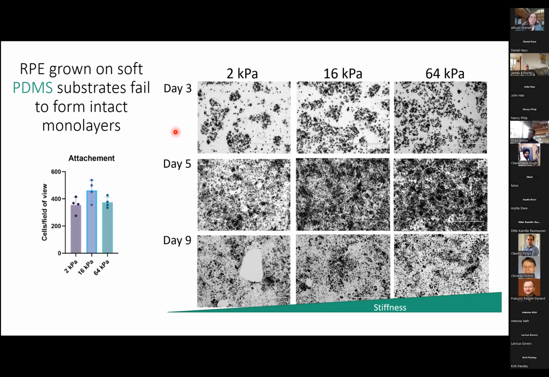I found that there was no change in the number of cells, which suggests that the difference we're seeing at day 3 is probably because of a change in how the cells are growing rather than how they're attaching.